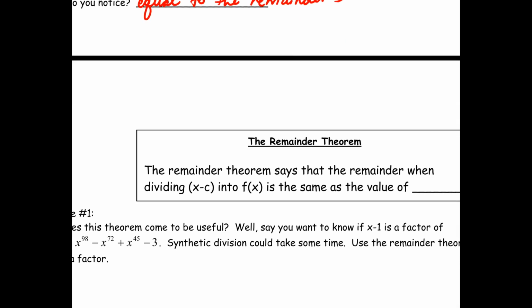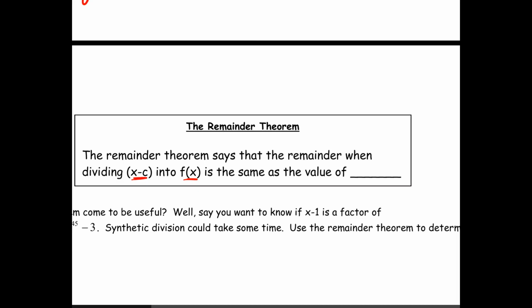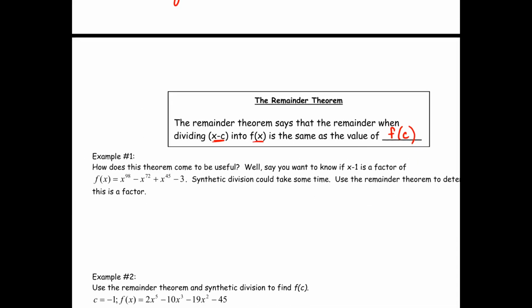The remainder theorem states that the remainder when dividing x minus c into any function is going to be the same as the value of f at that 0 value c. So if the remainder is 0, that means that that is actually an x-intercept. It's a 0 value. Okay, so let's see how this theorem can be useful.